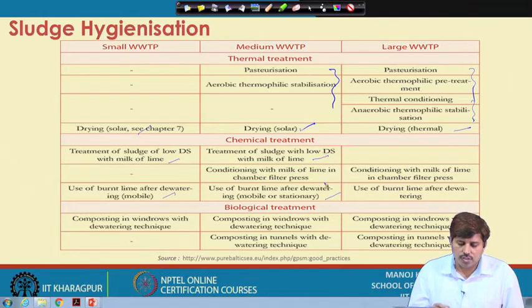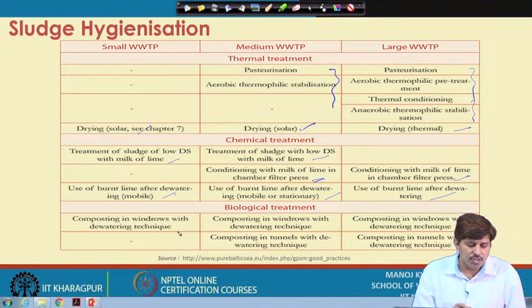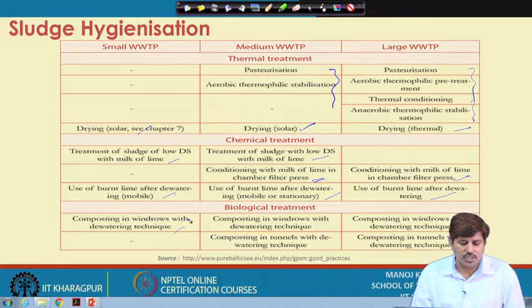We can also consider lime in a chamber filter press. For large wastewater treatment plants, again we can use lime in the chamber filter press or use burned lime for the dewatering purpose. The biological treatment is composting, generally windrows with dewatering techniques, whereas for medium to large plants we can go for either windrow composting or tunnel composting.